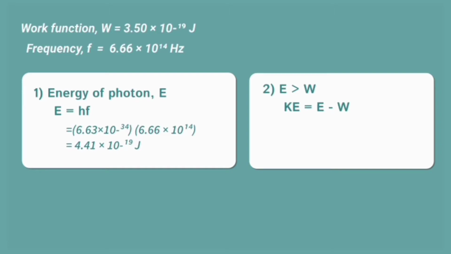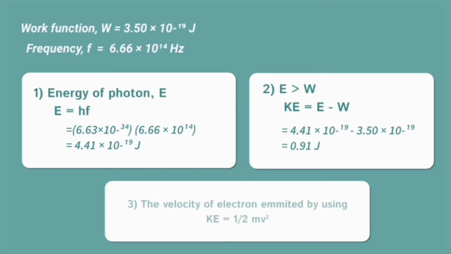By substituting these values in the formula of kinetic energy equal to photon energy minus work function, 4.41 times 10 to the power of negative 19 minus 3.50 times 10 to the power of negative 19 equals 0.91. We can get the kinetic energy, thus the velocity of the electron emitted, by using kinetic energy equal to 1/2 mv squared. However, if we use low frequency, photoelectric effect won't occur.